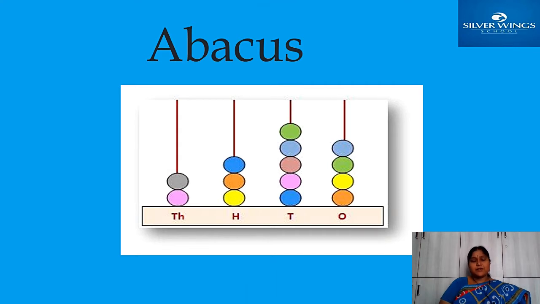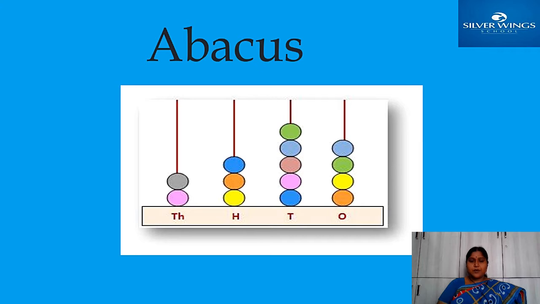Now, I will show you the number through abacus. In 1's place, what digit is there in that number? 4. So, we draw 4 beads on 1's place. And 5 is in 10's place. We draw 5 beads on 10's place.